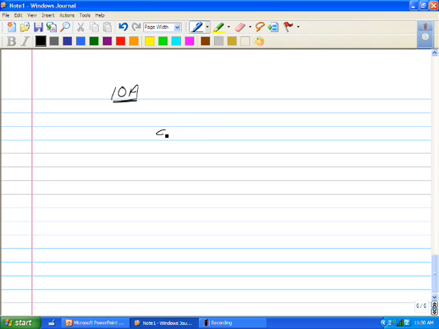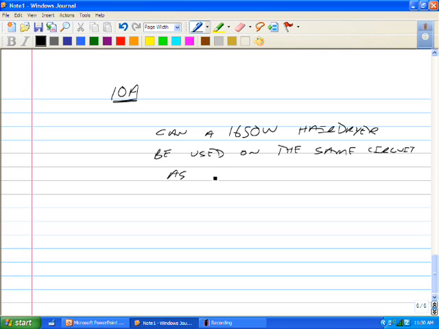So I might ask something like this. Can a 1650 watt hair dryer be used on the same circuit at the same time as, let's say mom's running the vacuum, a 2400 watt vacuum?